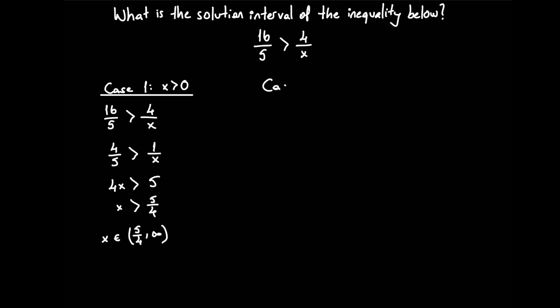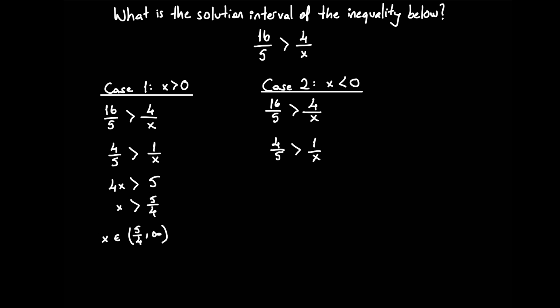Now, this time, let's solve for case 2, which is x is lower than 0. Here, I will again write the inequality. 16 over 5 is greater than 4 over x. Again, I will divide both sides by 4. I will get 4 over 5, which is greater than 1 over x.